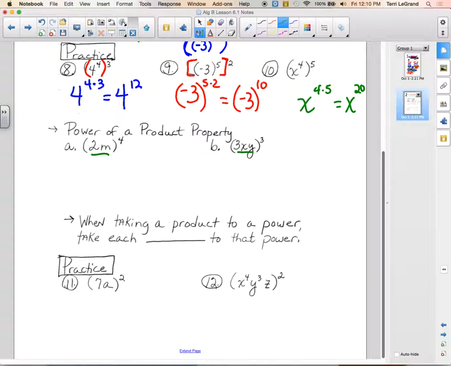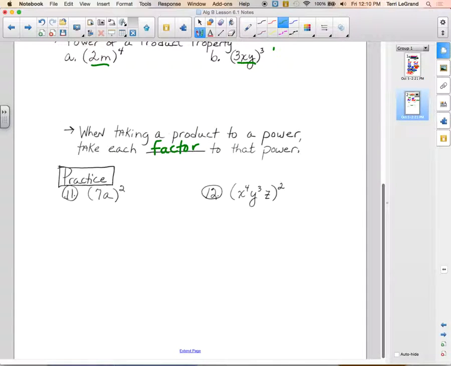Here, there's multiplication, 3 times x times y, being taken to the power of 3, a product to a power. When you're taking a product to a power, you're going to take each factor, in other words each piece that's being multiplied, to that power. So every factor is going to get that power.